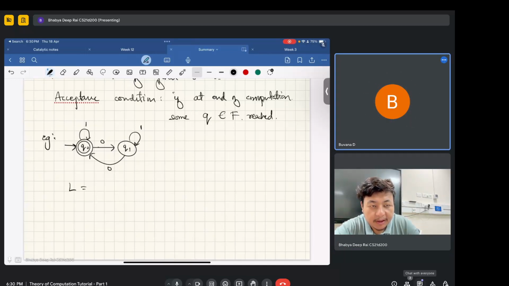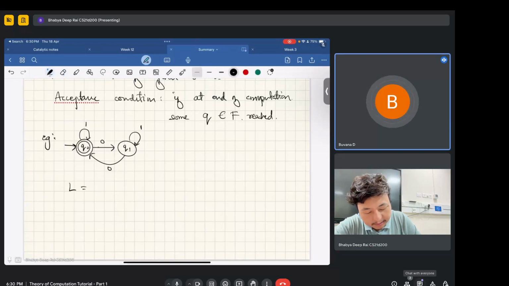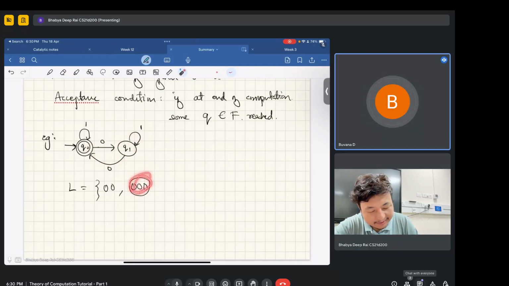Triple zero? But triple zero cannot be accepted, because if I do zero, zero, zero, then it will go to a non-final state. I need to land in a final state.